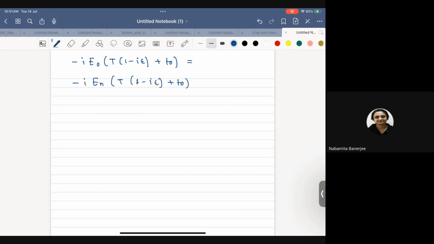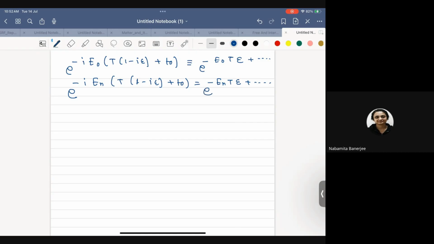This is going to give me some bunch of imaginary part, but one real part: minus minus plus, since i squared is minus 1, this times E naught times t times epsilon plus some imaginary part I'm not writing. This, on the other hand, is going to give me minus En t times epsilon plus some bunch of imaginary. Keep in mind that these are actually in the exponential.